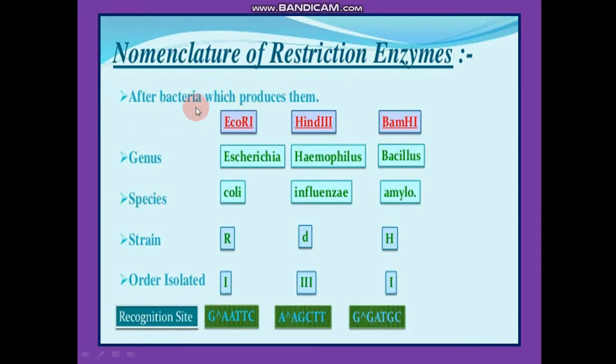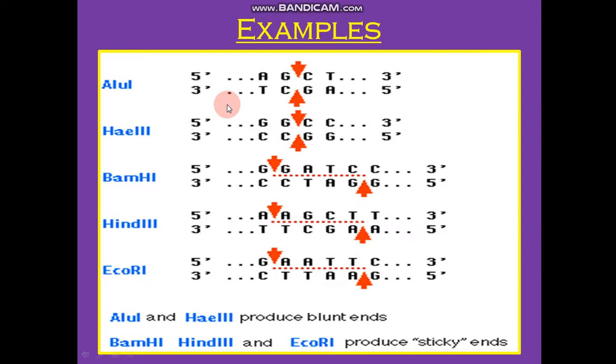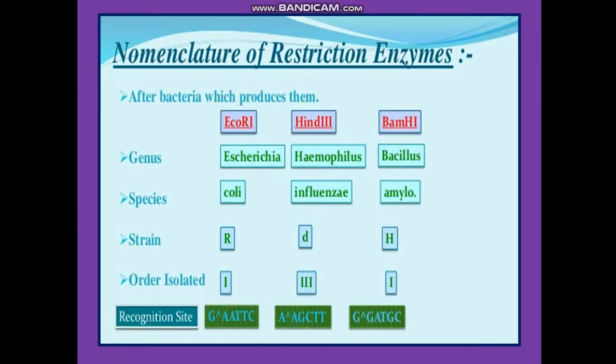See, these restriction enzymes are named after the bacteria they are produced from. Like we are taking 3 examples here: EcoRI, HindIII, BamHI. Coming to EcoRI, what happens here? E comes from Escherichia. The Eco word comes from Escherichia coli. HIN comes from Haemophilus influenzae.